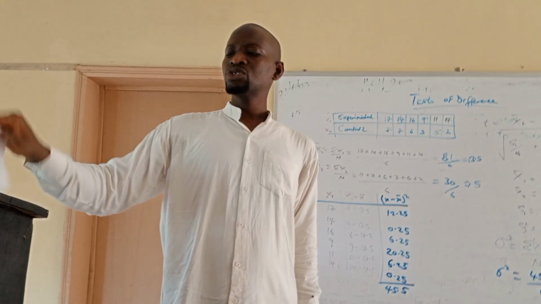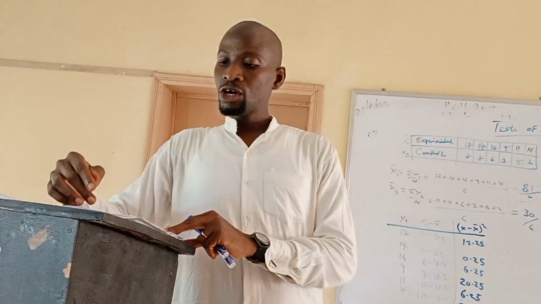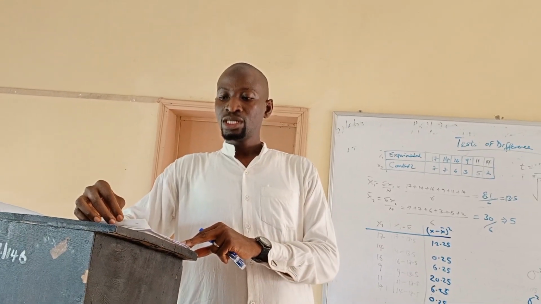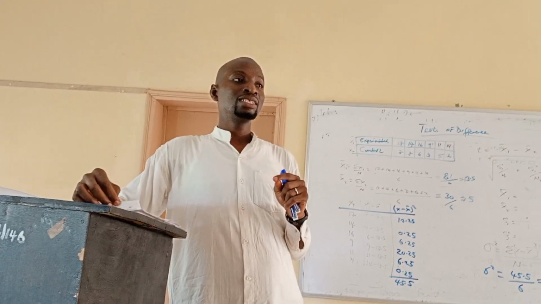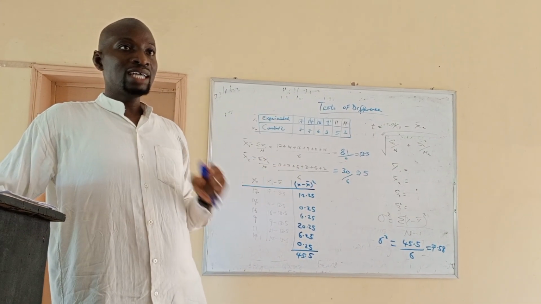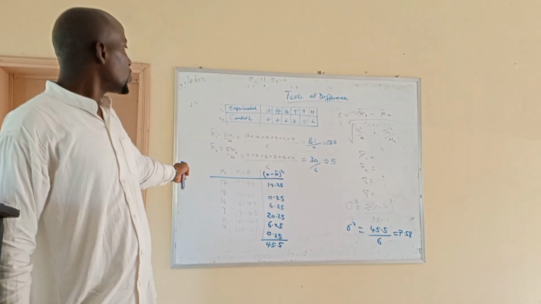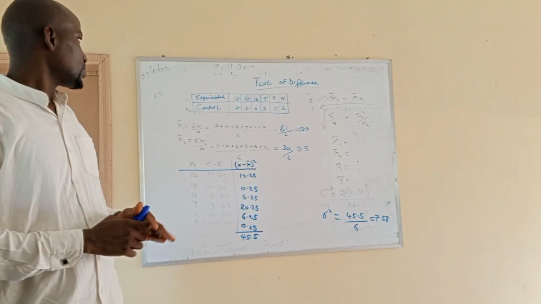It is important for us to know that when we already find our standard deviation for either of the two groups, it is important that you also do this for the other group. And for the sake of clarity, you are going to follow the same procedure.